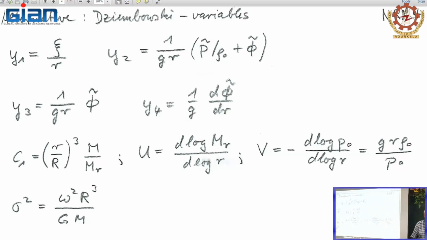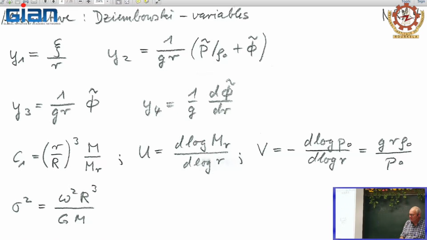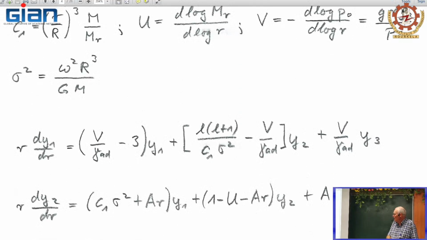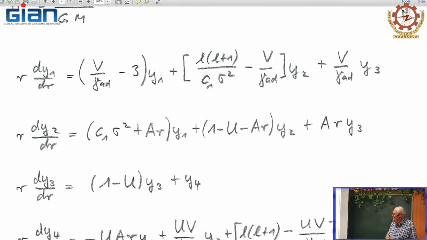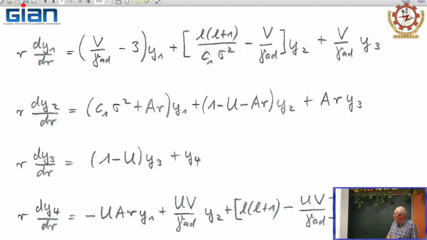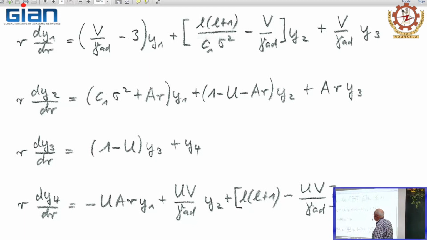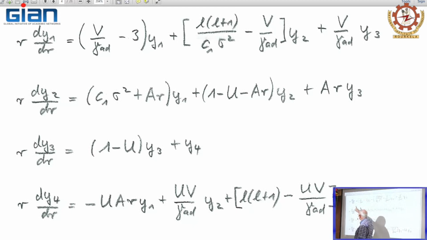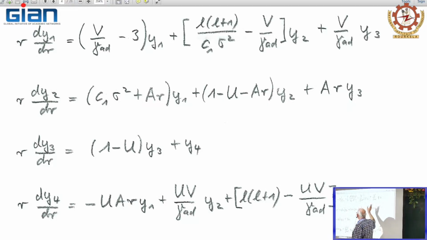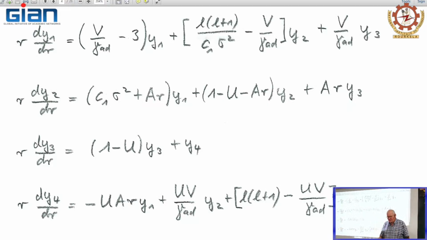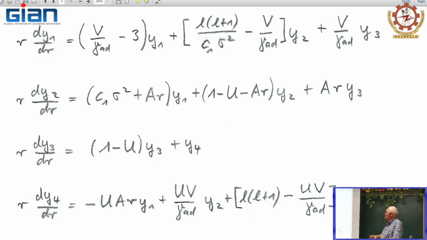And once we adopt this notation, then we end up with a system of 4 first-order equations, which is given here. On the left-hand side, we have r times dy1 to y4 by dr, and on the right-hand side, we have a linear combination of the dependent variables with the coefficients u, v, c1, a, and so on.